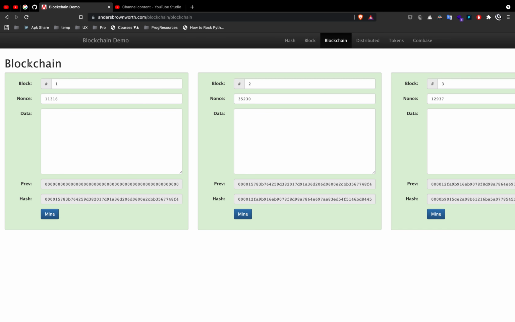So blockchain is a chain of blocks, but each block is tied to one another, and we're going to quickly see how that happens. If you observe, these blocks have an additional row which is called previous.